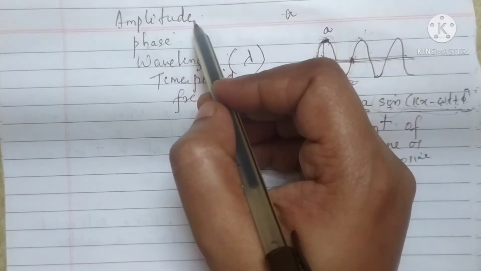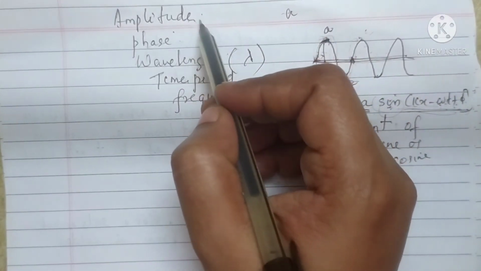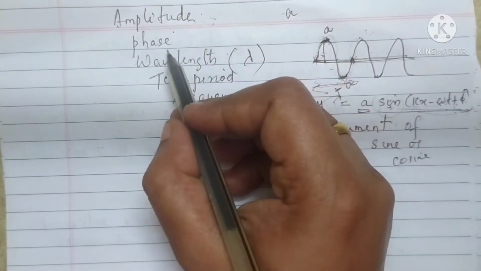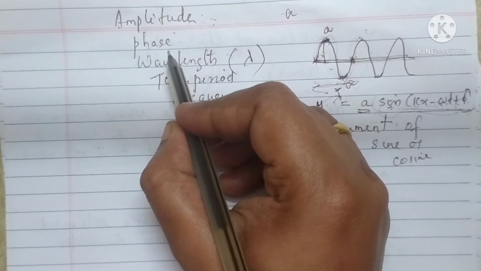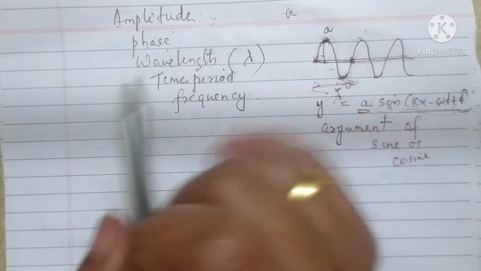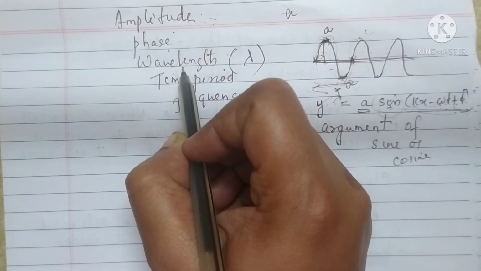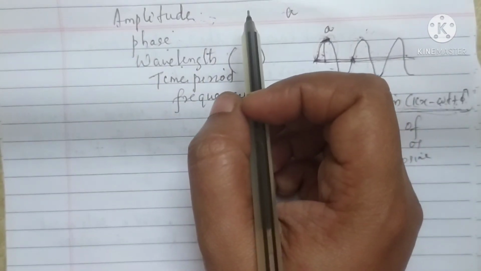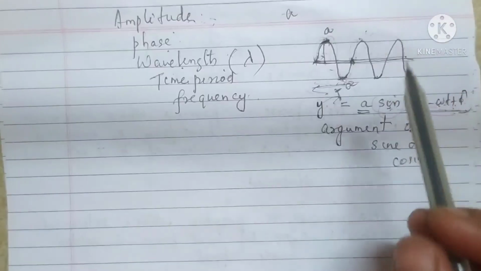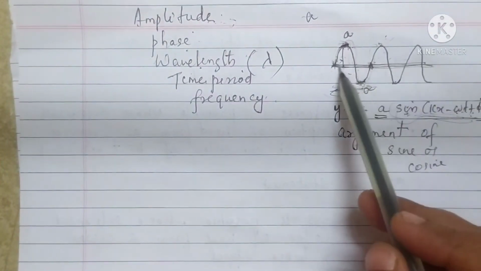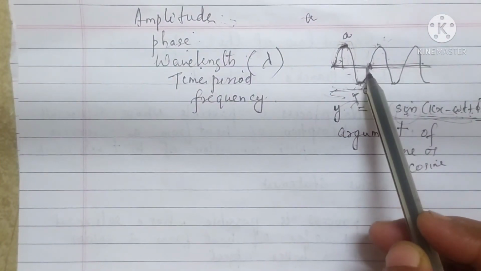So amplitude means maximum displacement of particles from their equilibrium position. Phase is the argument of sine or cosine function. Then wavelength means the minimum distance between two particles having the same phase, or the distance traveled by a wave during the time in which any particle of the medium completes one vibration about its mean position.